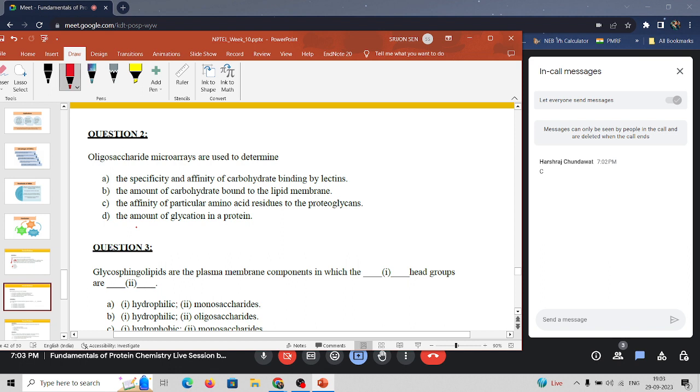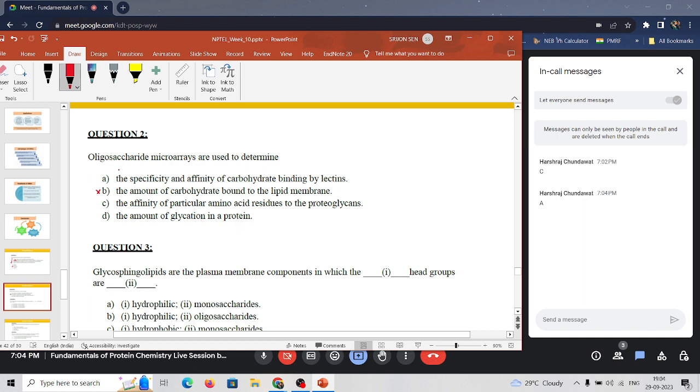The next one. Oligosaccharide microarrays are used to determine. So, what do you use oligosaccharide microarrays for? Specificity and affinity of carbohydrate binding to lectins; amount of carbohydrate bound to lipid membrane, this is not correct; affinity of a particular amino acid residue to proteoglycans; the amount of glycation in a protein.